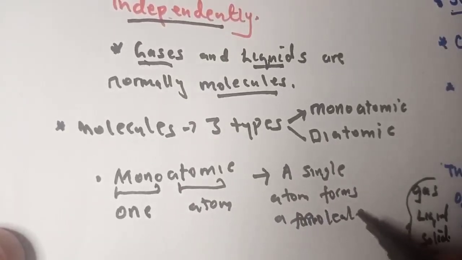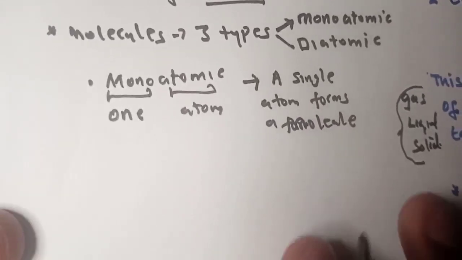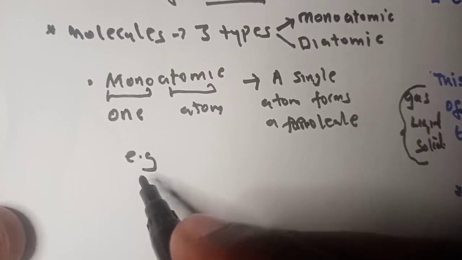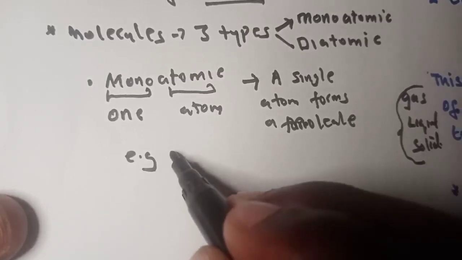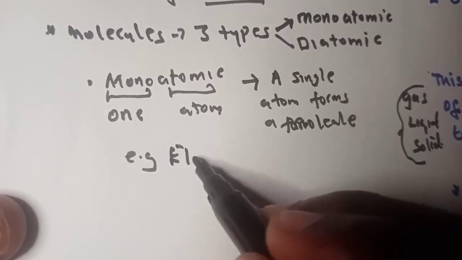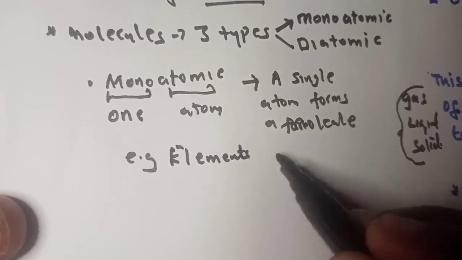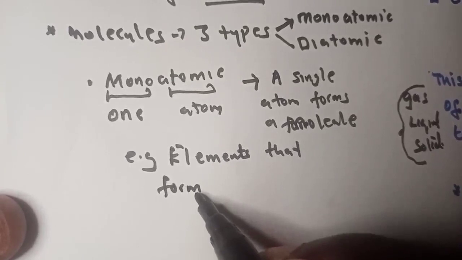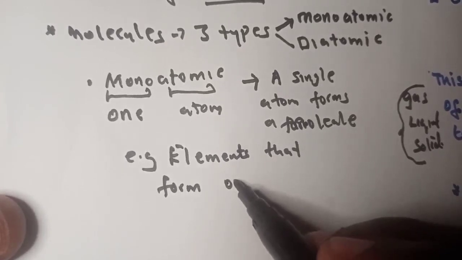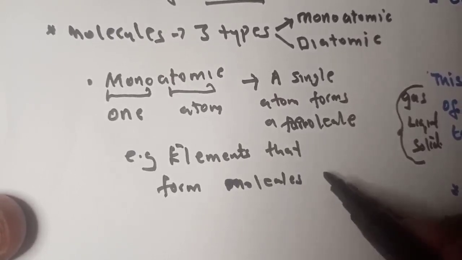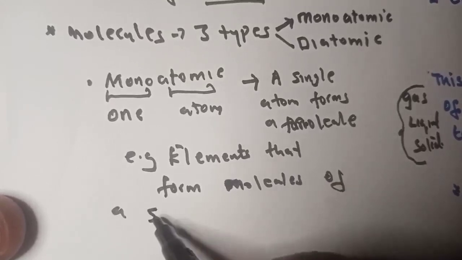A single atom will form a molecule. That is for monoatomic, okay? Examples of elements that form molecules of a single atom.